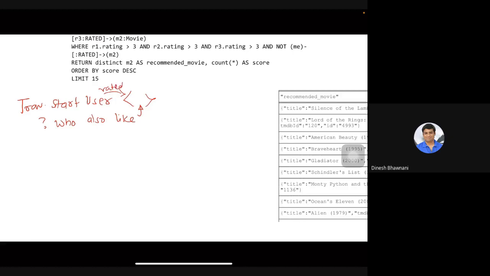Who else has rated that favorably? Got it. Then recommend movies that other users liked, but our user hasn't seen. So this fellow hasn't seen, not rated.